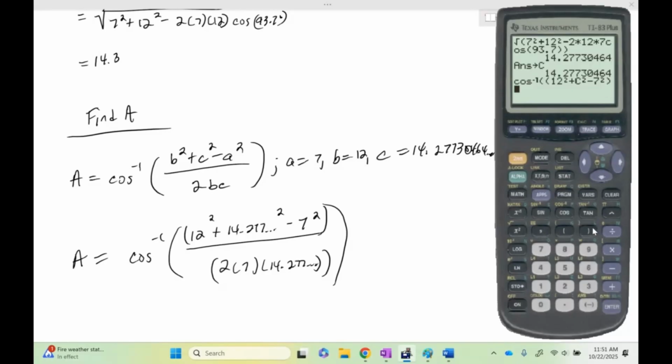I'm going to close off the numerator, divided by a begin set of parentheses for the denominator: 2 times B, which is 7, times C. Now it understands that all that's being multiplied. Close off the denominator, close off the arc cosine function.